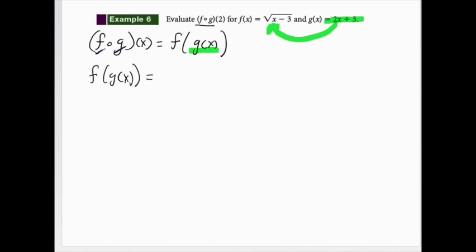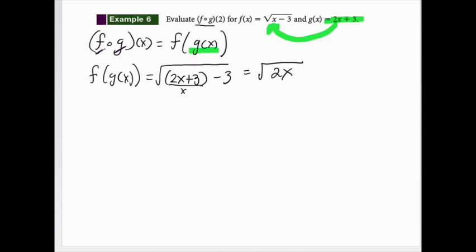So f of g of x is going to be equal to the square root of 2x plus 3. That was my x in f of x, but I'm replacing it with 2x plus 3, and then I still have that minus 3.